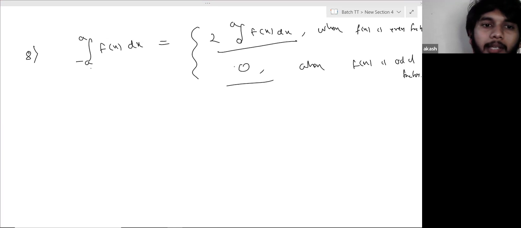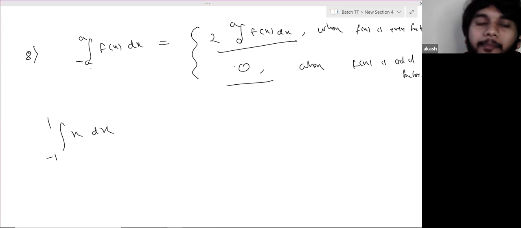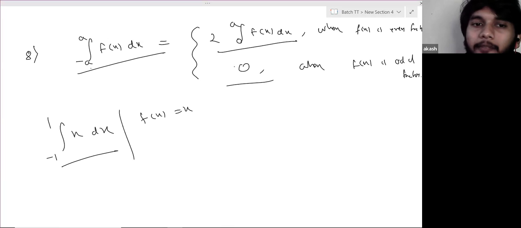See, whenever you see any question like this, minus 1 to 1 x dx, we can integrate this very easily, right? But not some complicated questions. This is just an example. F of x is x. So my first task would be to check if x is an even function or odd function.